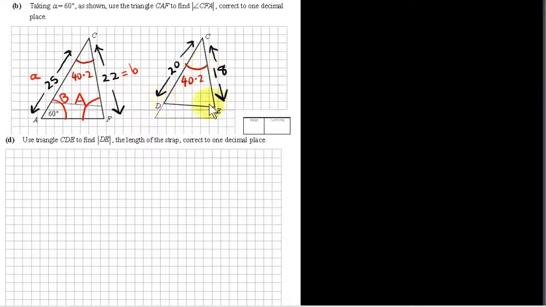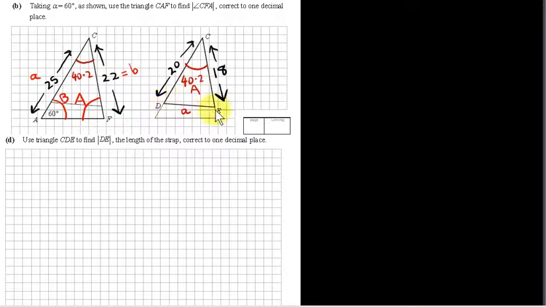So we're looking for a side, so when we're looking for something, we call it A. If it's a side, we call it small a. This side is small a, then the angle opposite the side is capital A. So whether we're using the sine rule or the cosine rule, it's a good idea to use this convention.